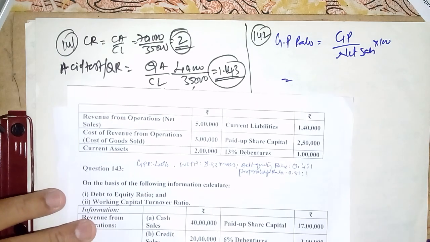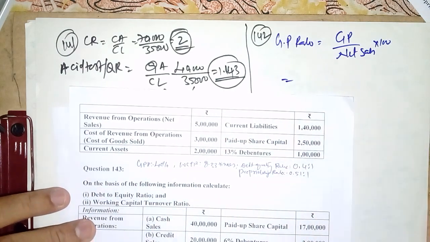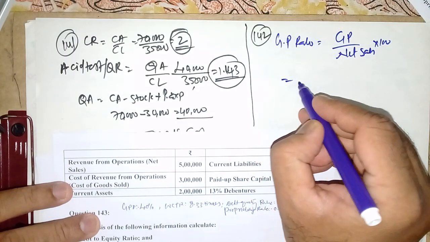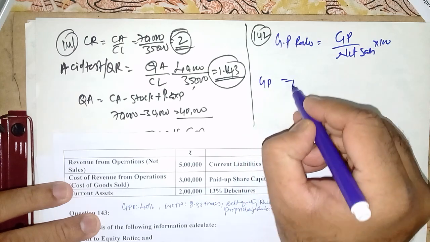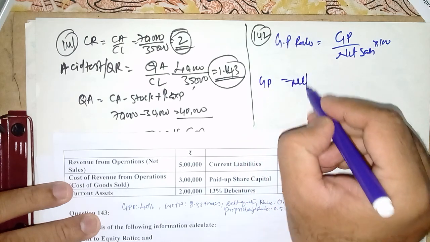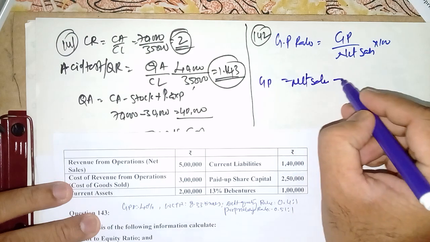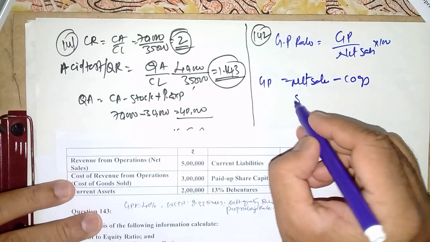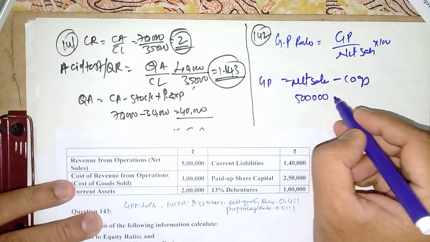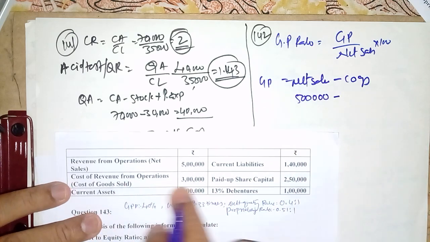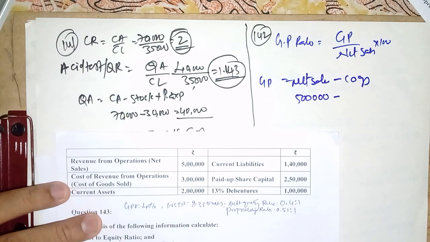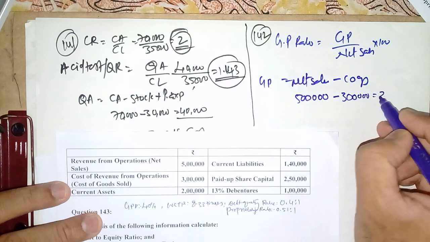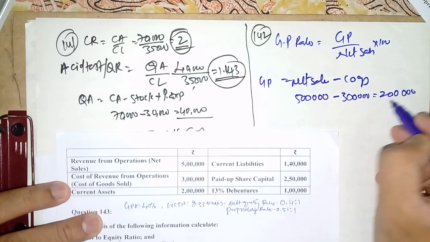Here GP is equal to net sales minus COGS. Net sales is given in the question, that is 5 lakhs. Revenue from operations and net sales are the same. Minus COGS, cost of revenue from operations, is 3 lakhs. Therefore 2 lakhs is our gross profit.